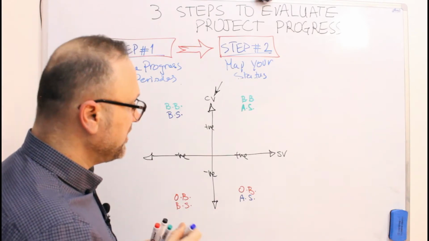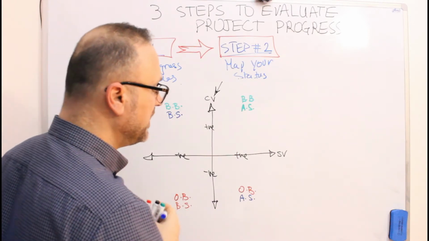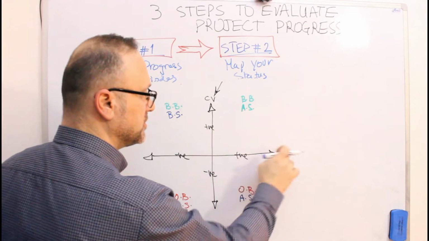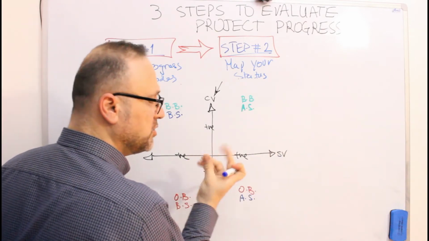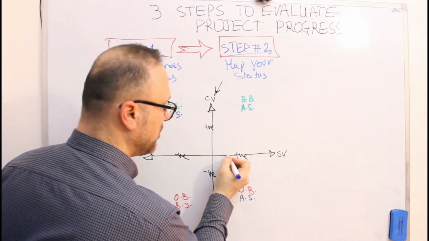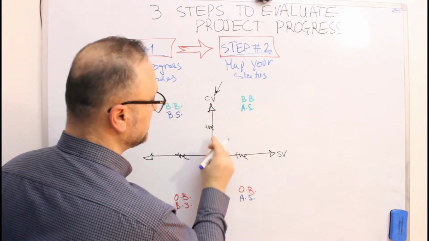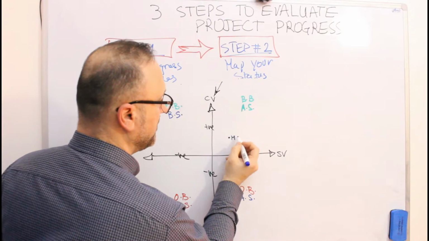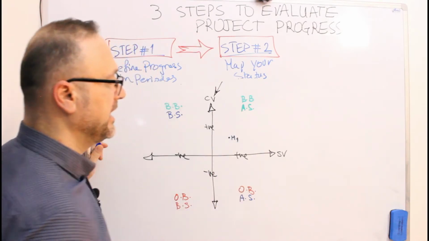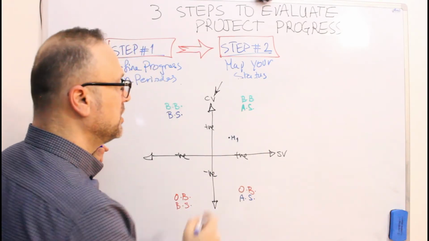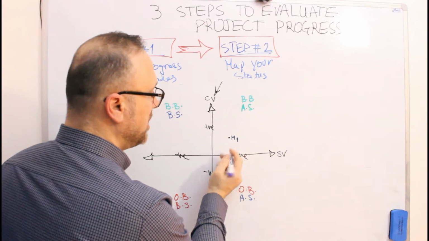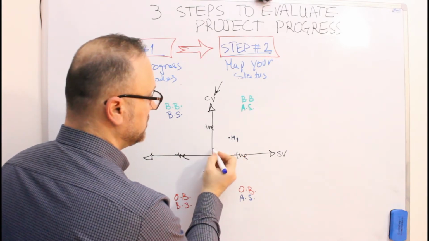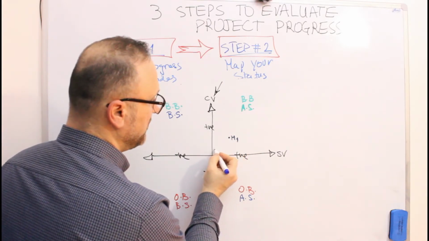So in month number 1, we evaluated that the value of the schedule variance was somewhere over here, and the cost variance somewhere over here. So it meets here. Month number 1. In month number 2, we went down with the schedule variance and the cost variance, and we meet somewhere over here.